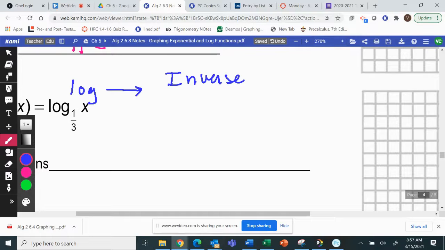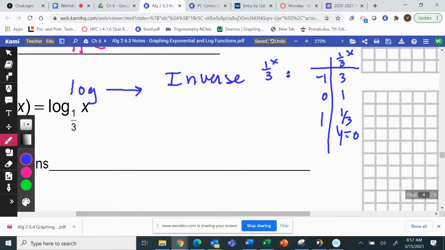Jacob, what's the base? 1/3. To the x. That's the inverse. I'm going to make points with 1/3 to the x. -1, 0, 1, y equals 0. 1/3 would be 3, 1, and then 1/3. Those are the inverse points.